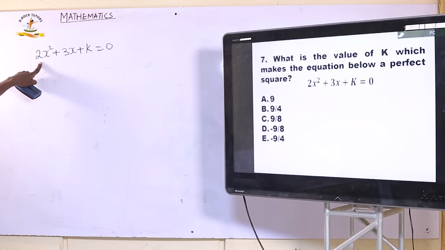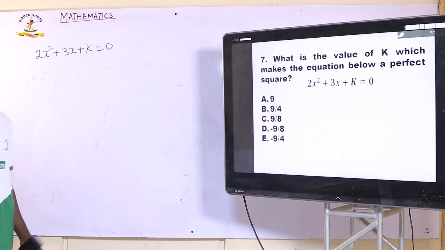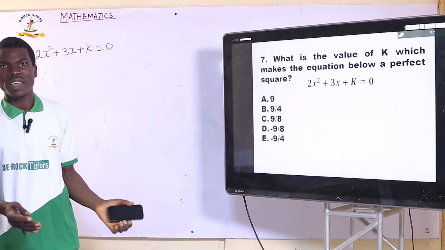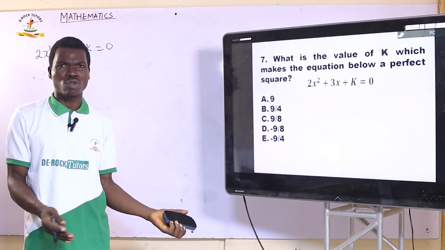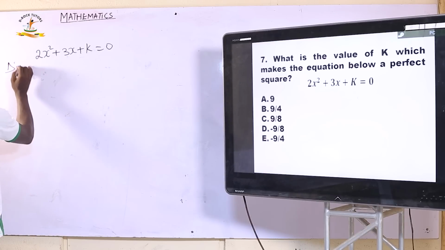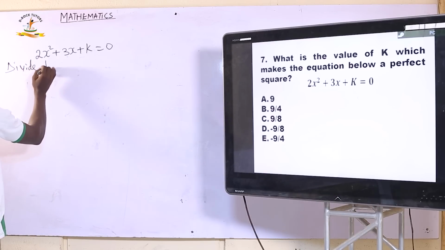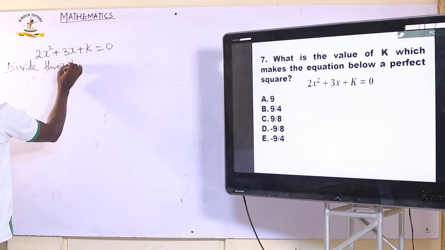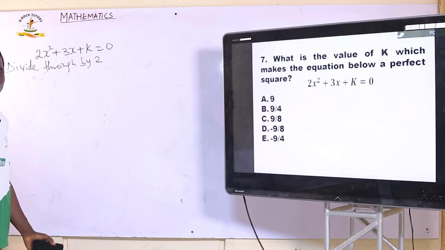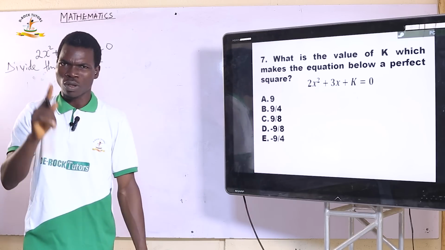To make the coefficient of x squared to be 1, we divide everything in that equation by what? By 2. Because if you call something an equation, whatever we do to the right hand side, we do to the left hand side. Whatever we do to element A, we do to that of B. So we divide through by 2. Why do we have to do this? Just to make the coefficient of x squared to be 1.